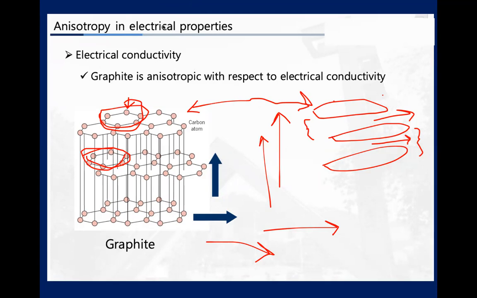What is the high pressure form of carbon? The moderate pressure form is graphite. What's the high pressure form? Yes, diamond. That's correct. So graphite can be converted into diamond if you pressurize it further and further.